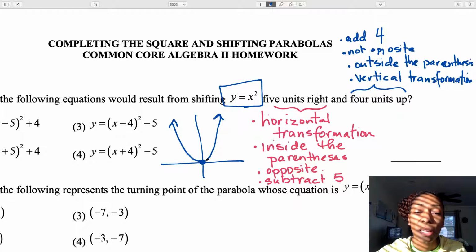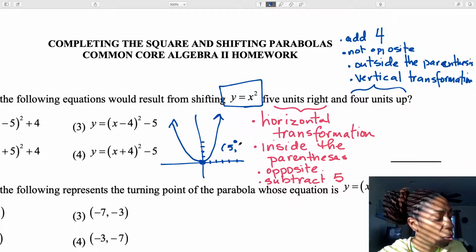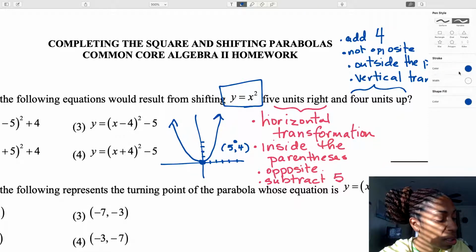This vertex will also shift. The whole parabola will shift, right? It will shift to the right 5 units, 1, 2, 3, 4, 5, and up 4 units, 1, 2, 3, 4. So our vertex is now 5, 4. And the parabola would be here.